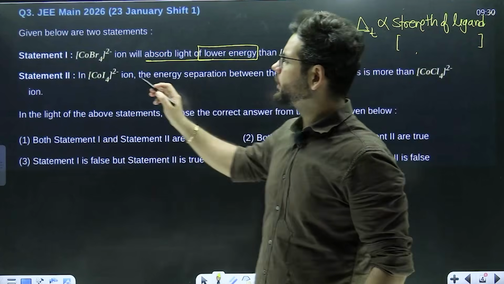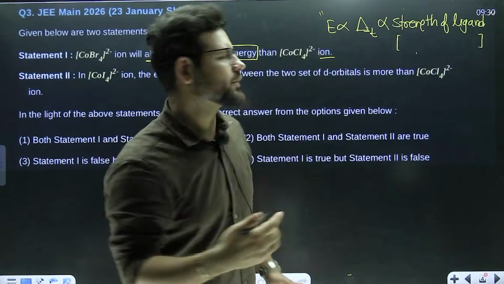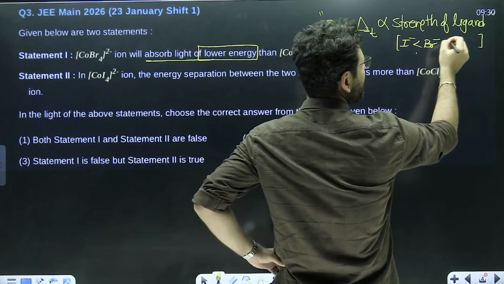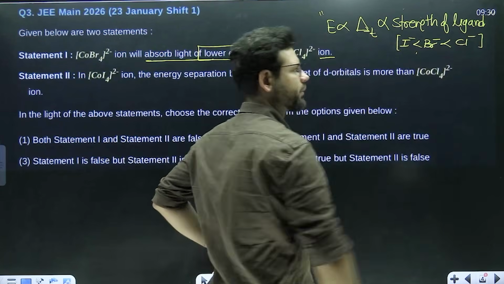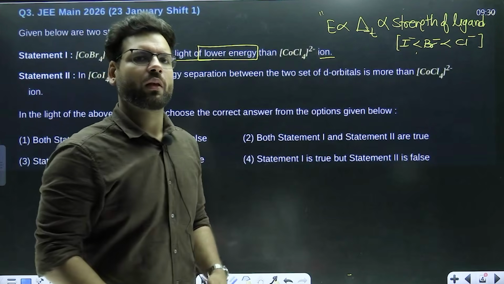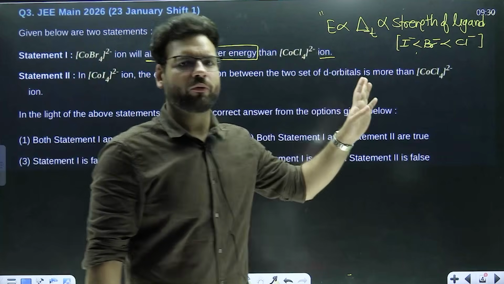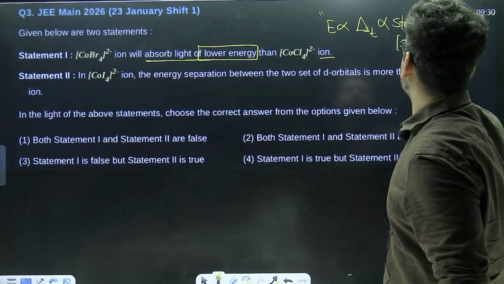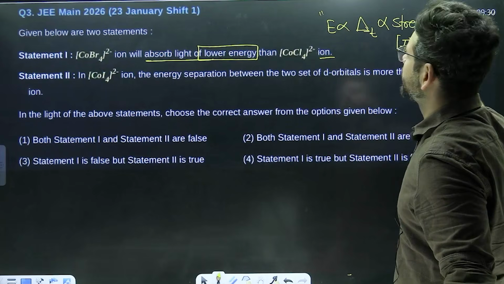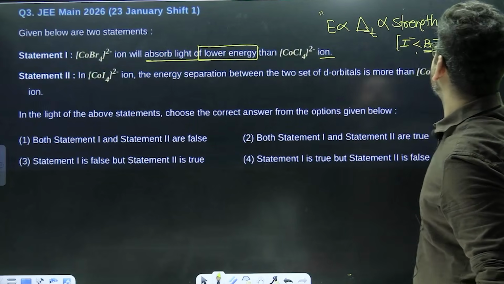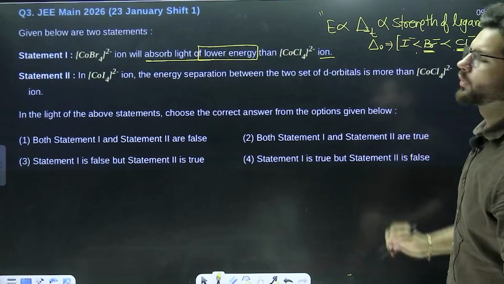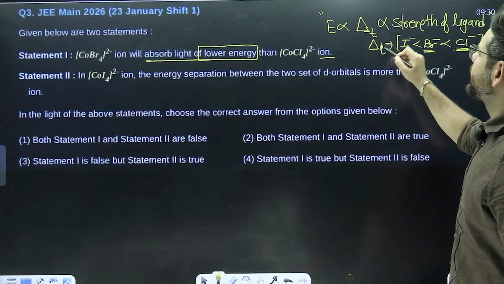When I compare, the strength of ligand starts from I minus, then Br minus, then Cl minus comes somewhere. Okay, then F minus is there. So for the halides, you already know the strength of ligand. So chloride has more strength. So for chloride, delta will also follow the same order. Delta will be more for chloride.